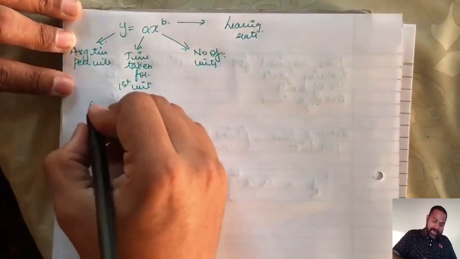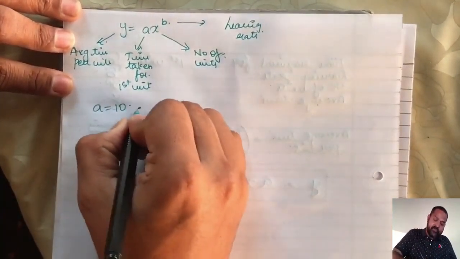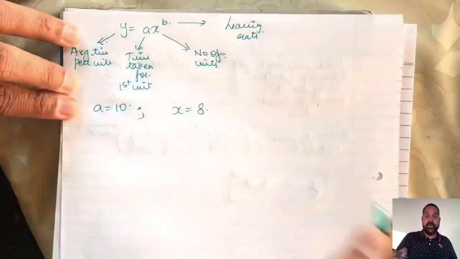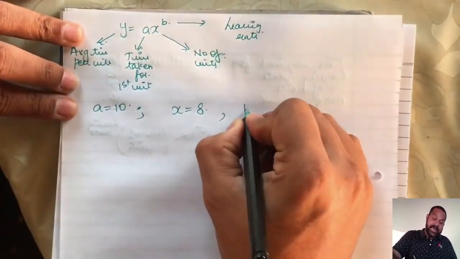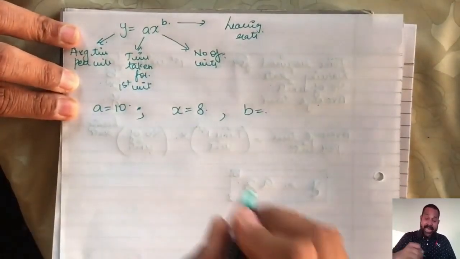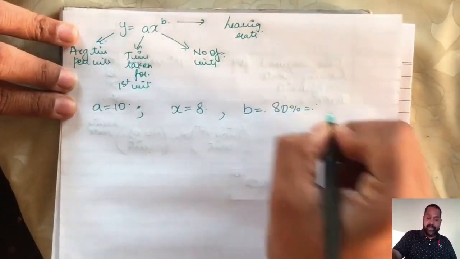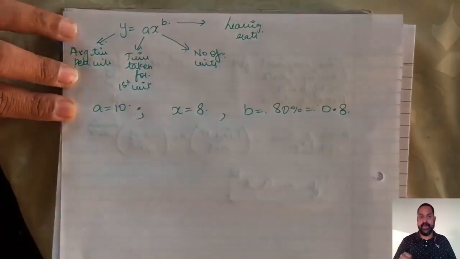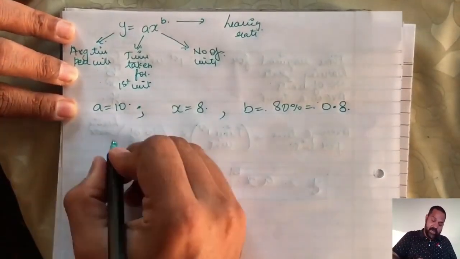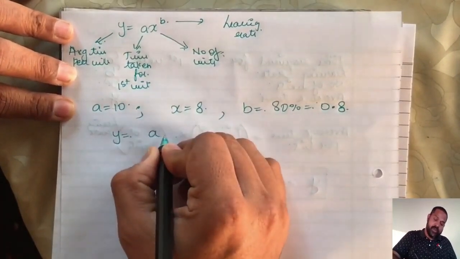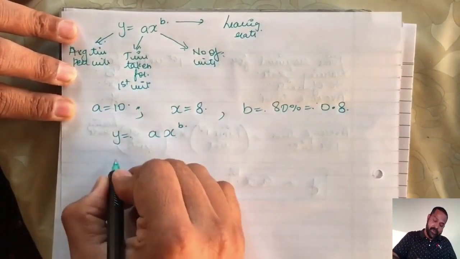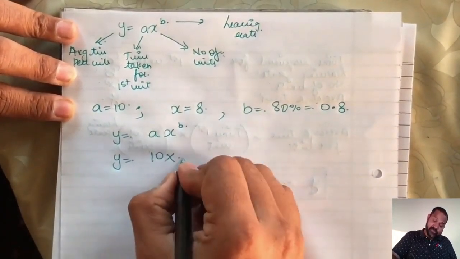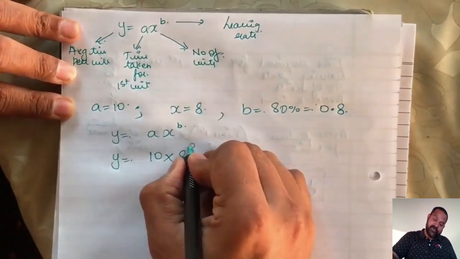Okay, so now you are telling me that A, the time taken for the first unit, is 10. X, for 8 units, and learning rate is 80%. 80% is basically 80 per 100, which is 0.8. Then according to this model, Y is equal to A X raised to B. The average time for 8 units is A, which is 10, X, which is 8, raised to B, which is 0.8.